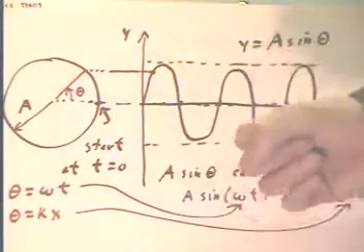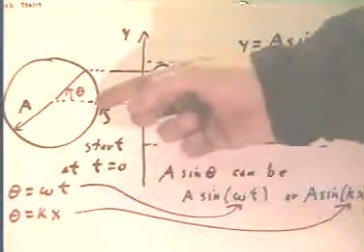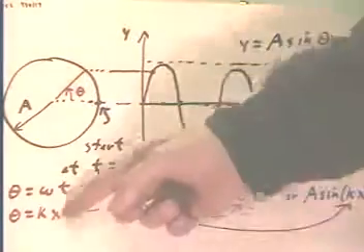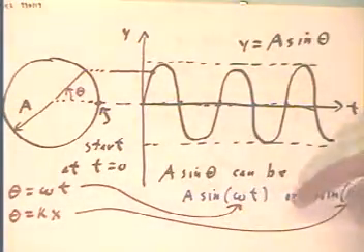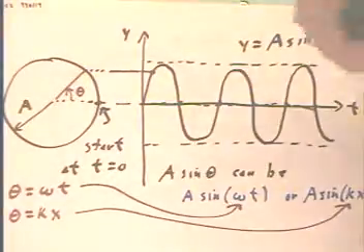And the relationship we're going to use there is theta equals kx. So rather than changing in time, theta could change with respect to position x. The constant k is called the wave number. And in that case, a sine theta would be a sine of kx.